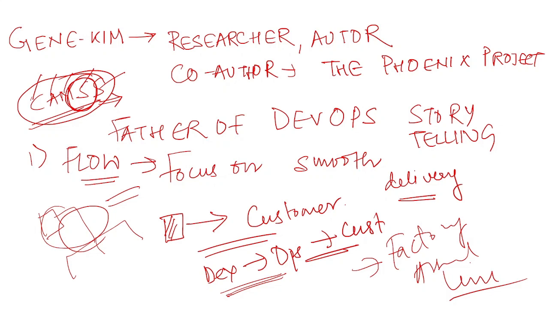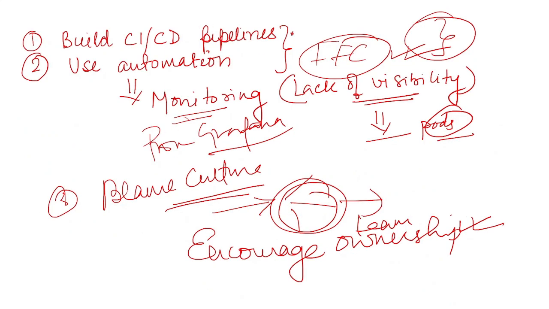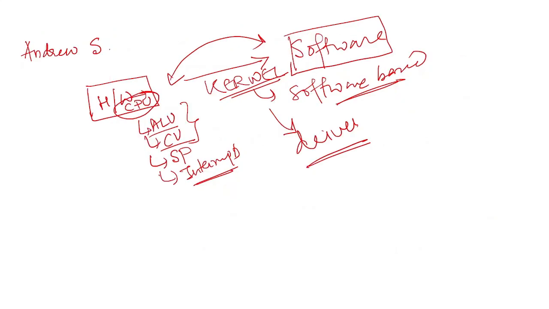We have also learned about flow, which is focused on smooth delivery. This was discussed on the previous day, so I'm not going through it. We have also learned about the FFC, that is flow, feedback, and communication.